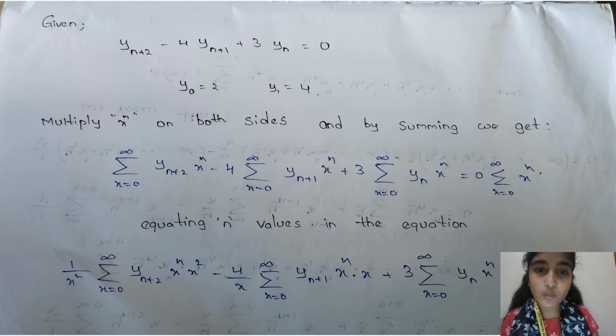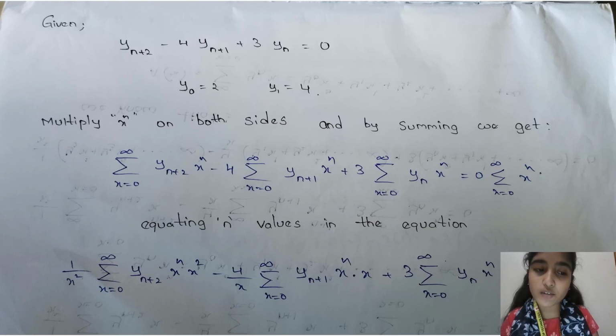Multiply x^n on both sides and by summing we get summation n equals 0 to infinity y(n+2) x^n minus 4 summation n equals 0 to infinity y(n+1) x^n plus 3 summation n equals 0 to infinity y(n) x^n equals summation n equals 0 to infinity x^n.